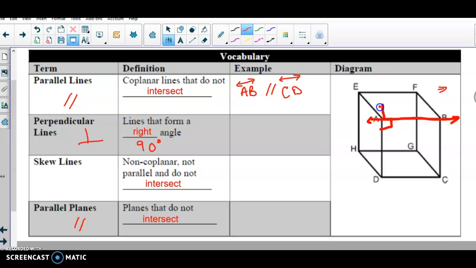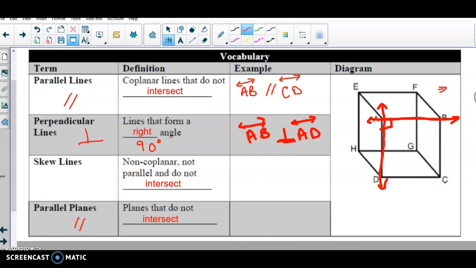So line AD would be perpendicular to line AB. There are other places that are perpendicular. Every one of those corners, every one of those lines that intersect would represent a pair of perpendicular lines.